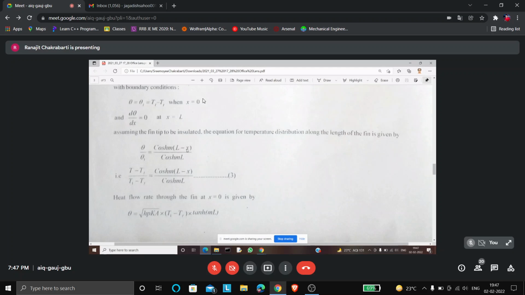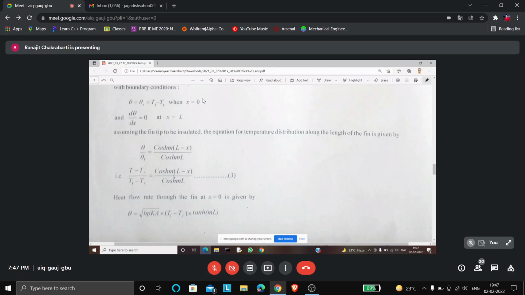Now x is the distance from the fin base, L is the length, and m is known to us. Based on this, if we put the value of x, at any value of x, we will get a value of T, and for that we get a value of theta.